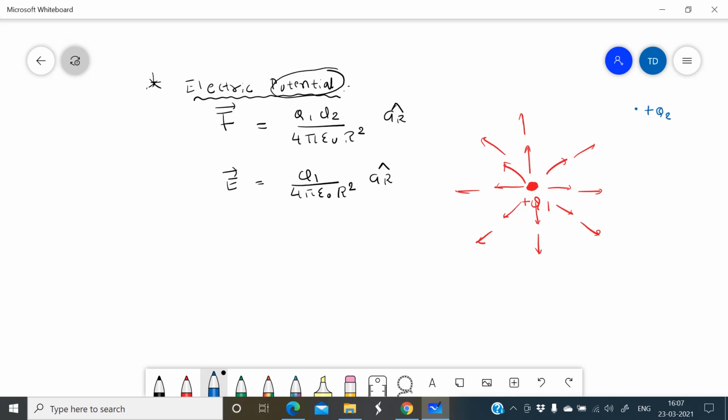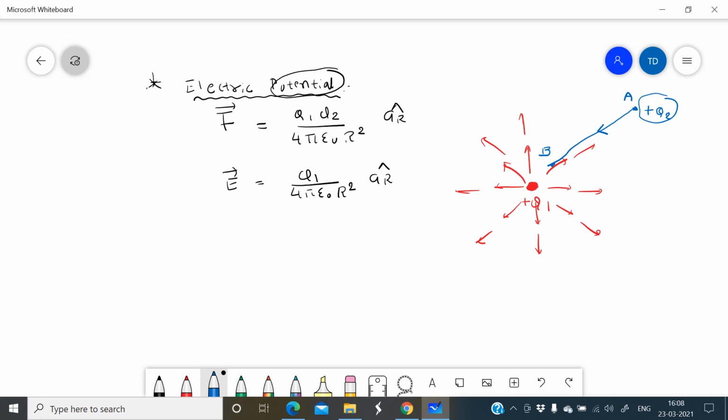Charge q2 wants to move from this point, say point a, to point b inside the field of charge q1. As both charges are positive, there is a repulsion force between them, but charge q2 wants to move from point a to point b.